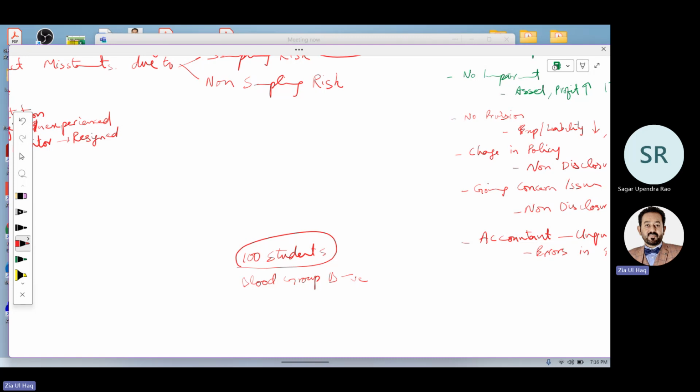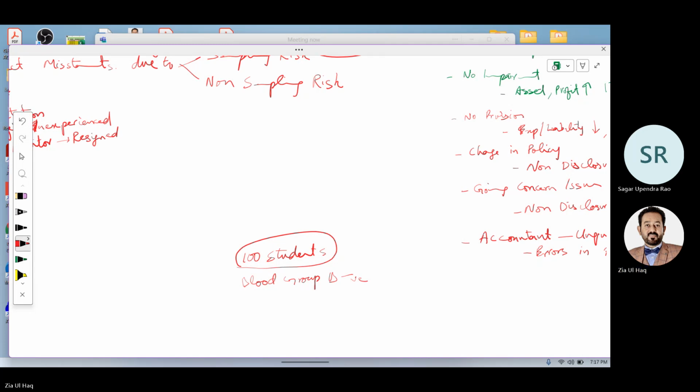One way is to test all 100 students' blood groups. Then we can find how many out of 100 have blood group B negative. Or the other way, we can take a sample of some students, test their blood group, and based on the sample results, apply it to the whole class of 100 students. These 100 students are called the population, and the sample means a part of the population.